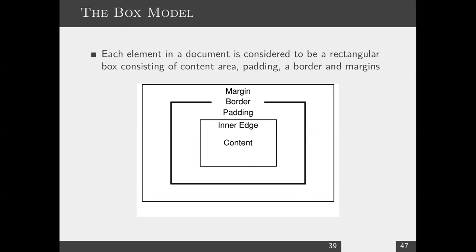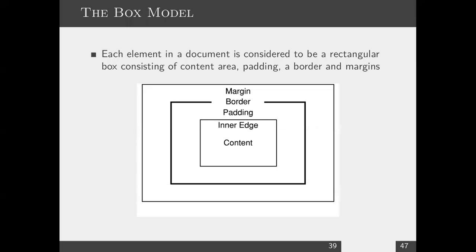So every element that we've been creating in HTML, let it be a drop-down menu, a checkbox, a paragraph, or a caption, all these are seen as rectangular boxes. And for all these, you could have margins, borders, padding, and of course the content.